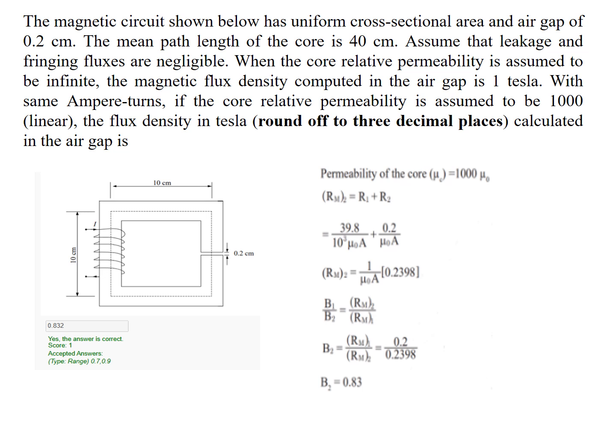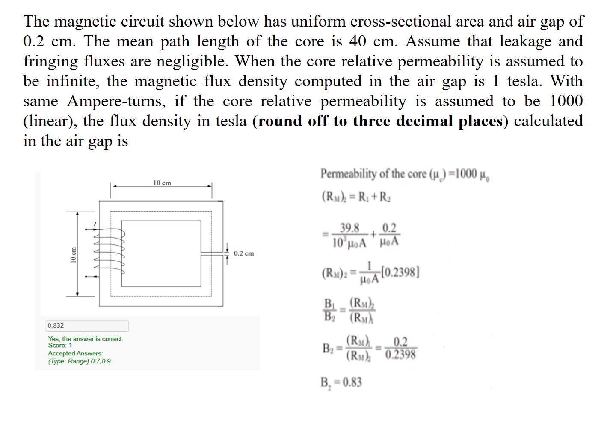Let us consider another example. The data is: the magnetic circuit shown below has uniform cross sectional area and an air gap of 0.2 cm. The mean path length of the core is 40 cm. Assume that leakage and fringing fluxes are negligible. When the core relative permeability is assumed to be infinite, the magnetic flux density computed in the air gap is 1 Tesla.